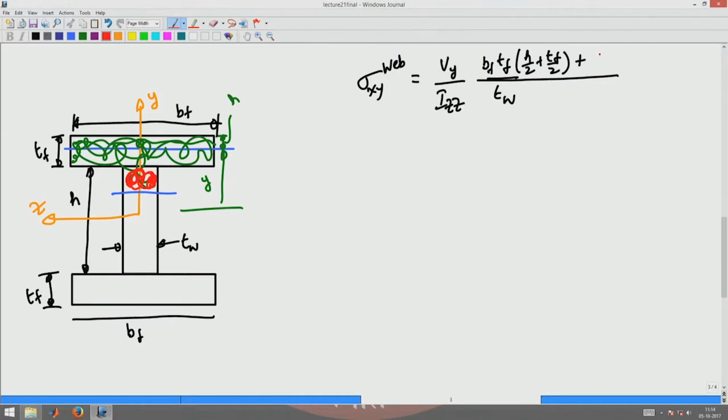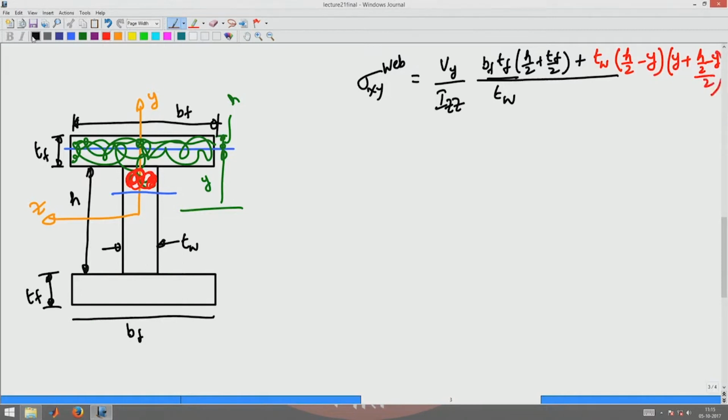Okay. So, that will be Tw into h by 2 minus y. And the center of that region would be y plus h by 2 minus y by 2. Okay.